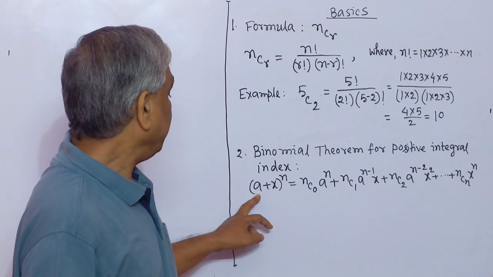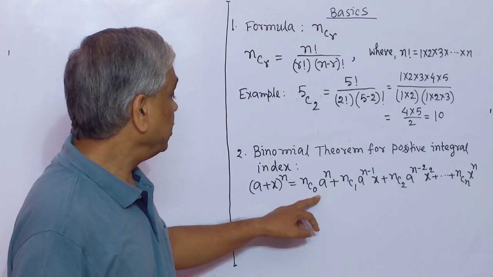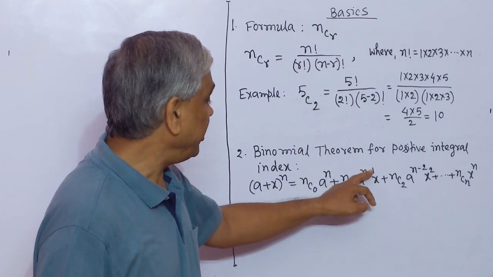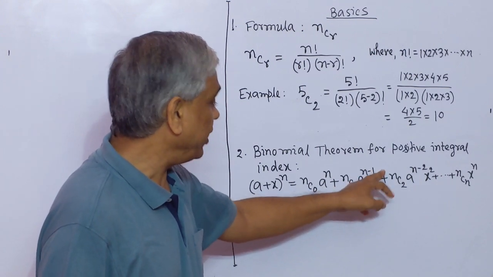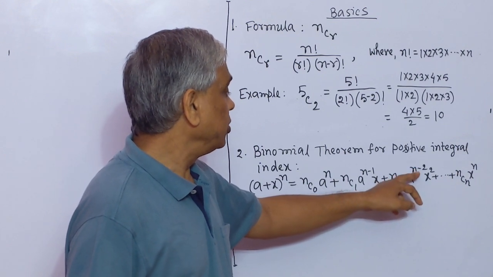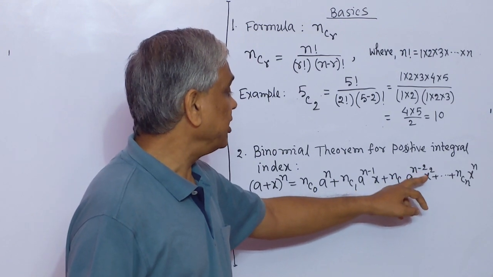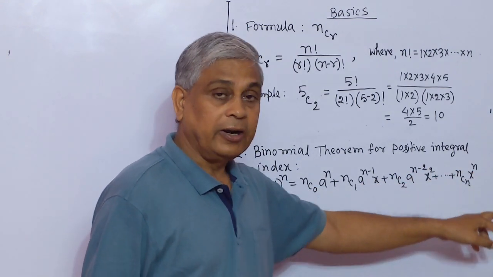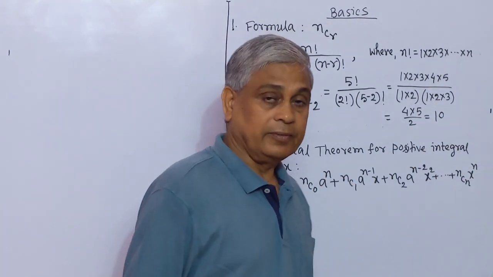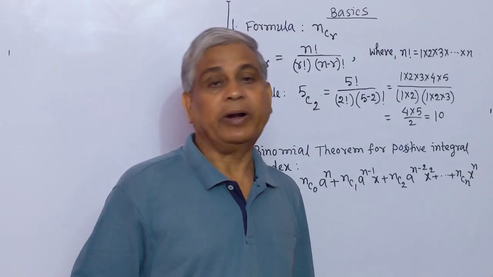This is (a plus x) whole to the power n equal to nC0 a to the power n plus nC1 a to the power n minus 1 x to the power 1 plus nC2 a to the power n minus 2 x square plus nC3 a to the power n minus 3 x cube plus, and lastly, nCn x to the power n. Now we apply these basics to prove the main part.